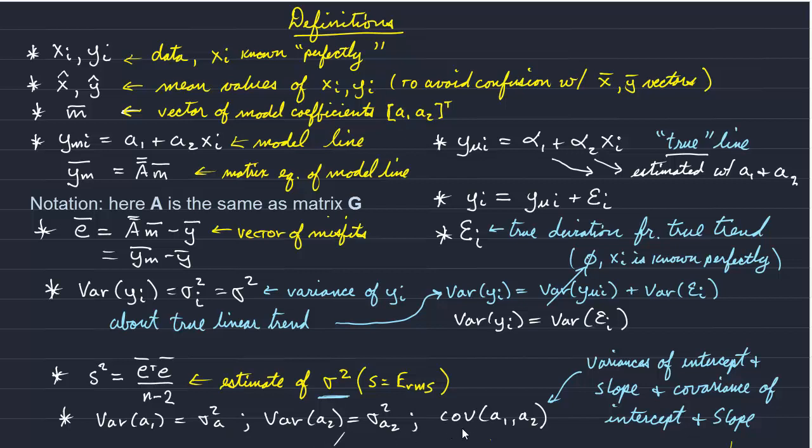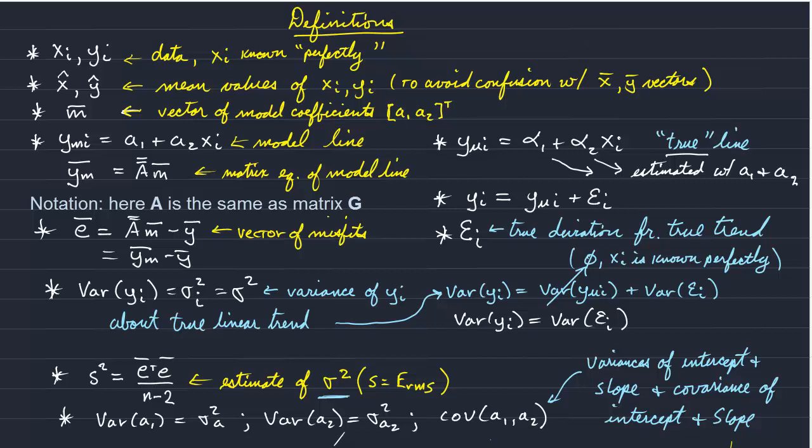I'll also introduce that there's a covariance between our slope and intercept. The solutions of these two depend on the same values of x, so there is a correlation, a covariance, between those two estimates of the slope and intercept.